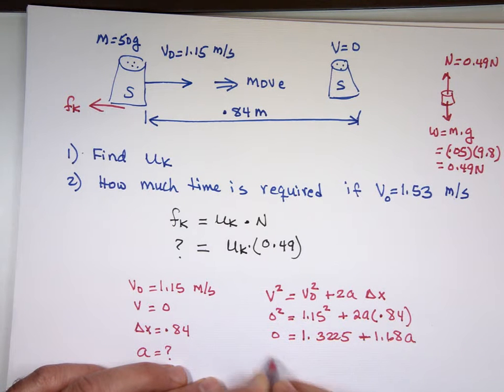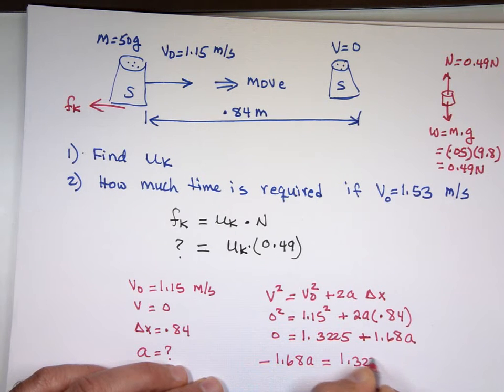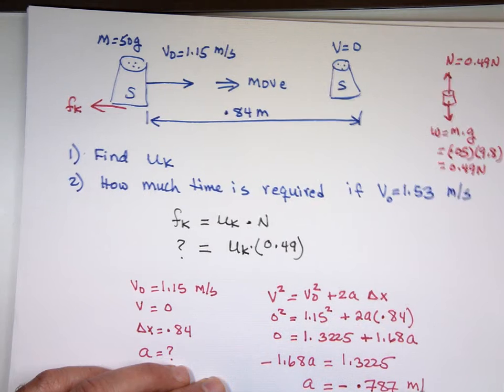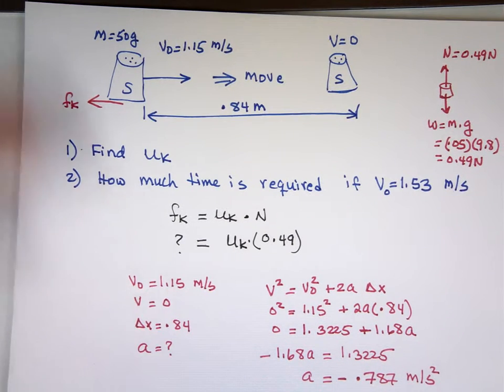Bring that to this side. I can find the acceleration, which is negative because we are slowing down: 0.787 meters per second squared. Just from the story there.